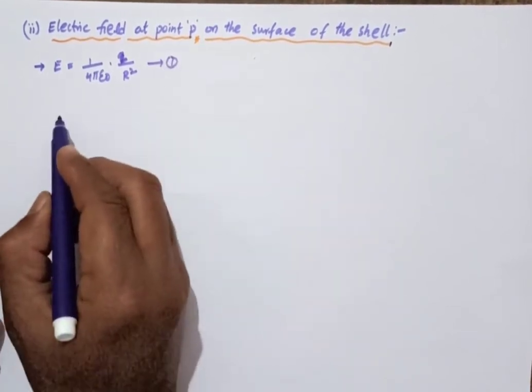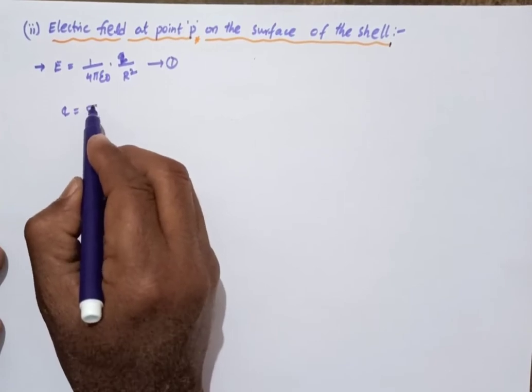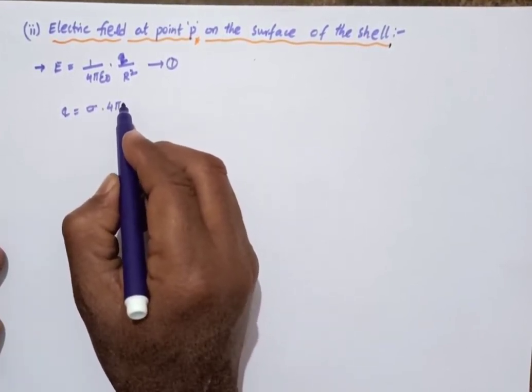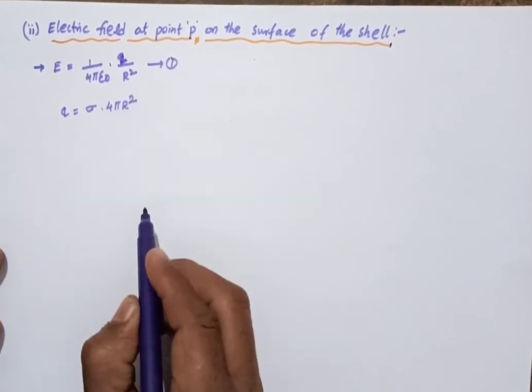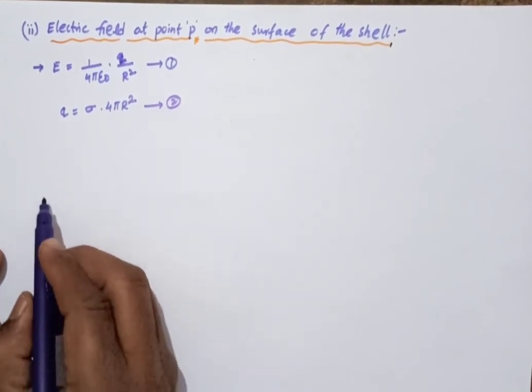And what is Q? Q equals sigma into 4πR² on the cell. So this is equation number 2.